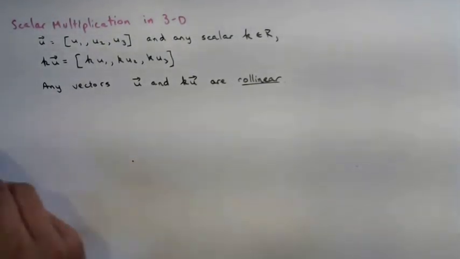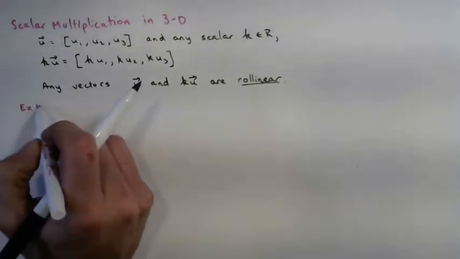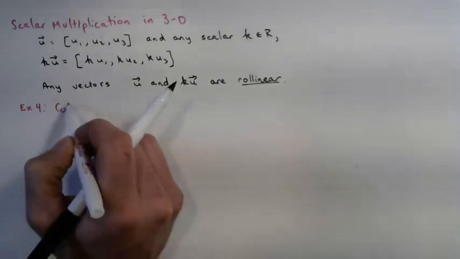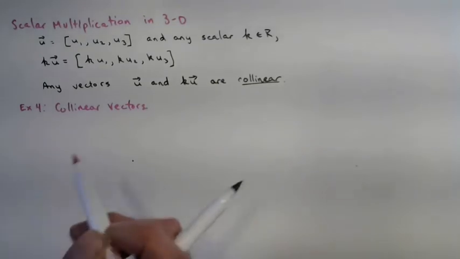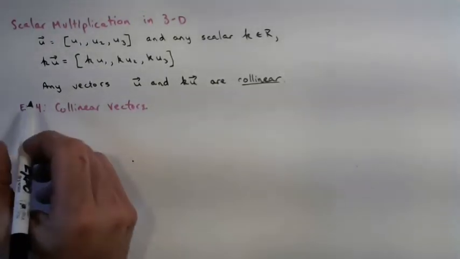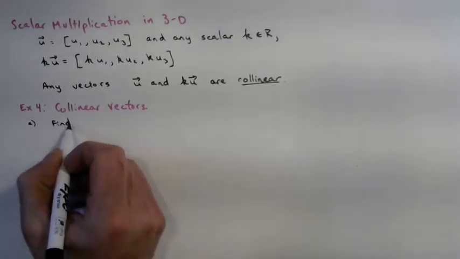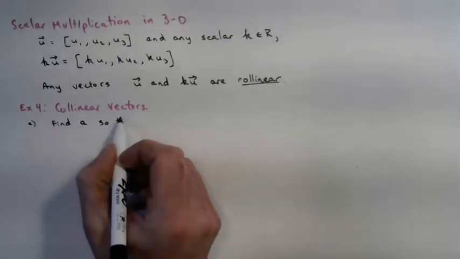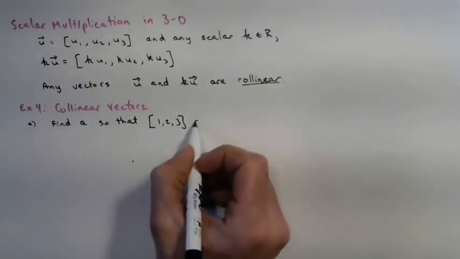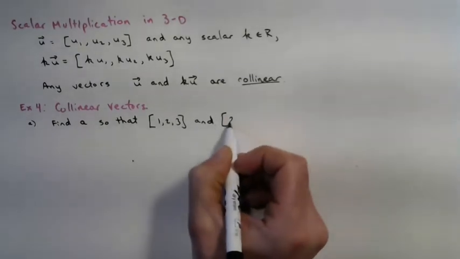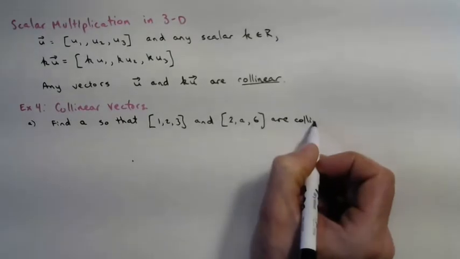So how do we find those things? Well, quick example. Example 4 deals with this issue. Collinear vectors. A says find the letter A so that 1, 2, 3 and 2A, 6 are collinear.